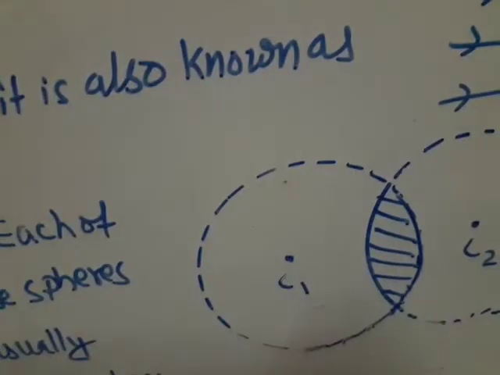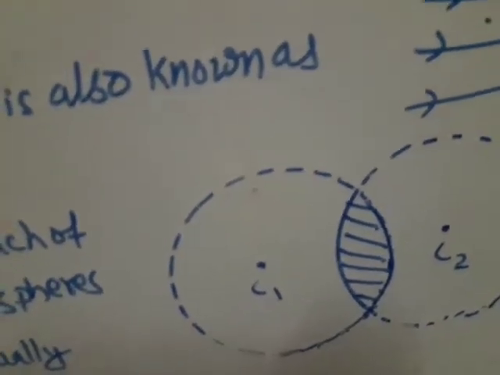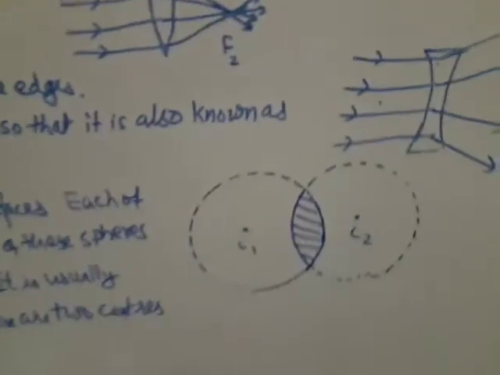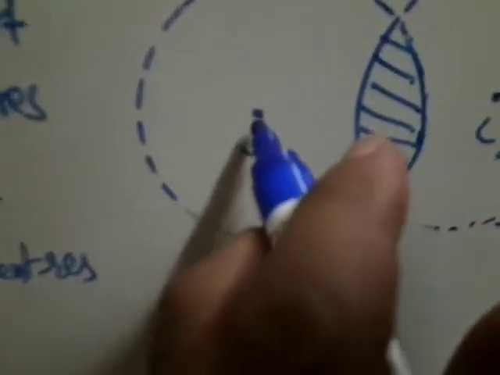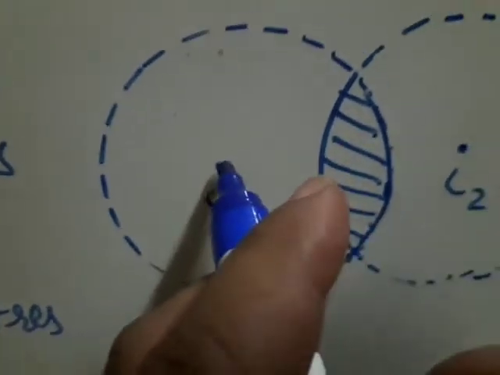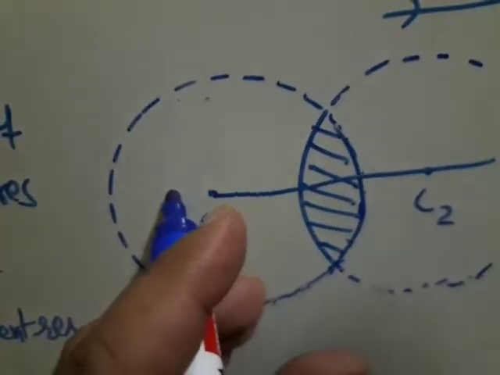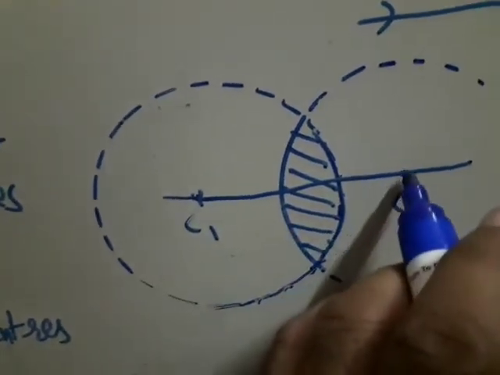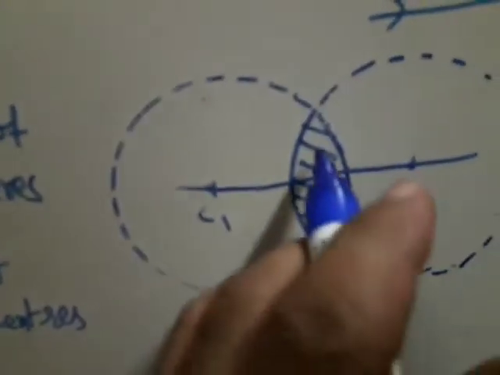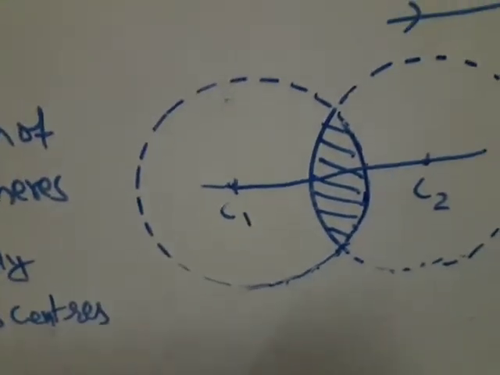Now an imaginary line that passes through these centers of curvature is called the principal axis of the lens.